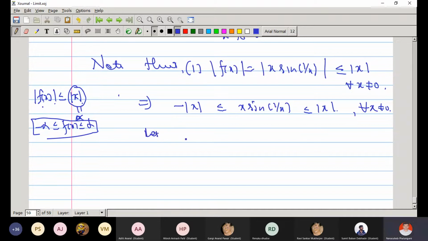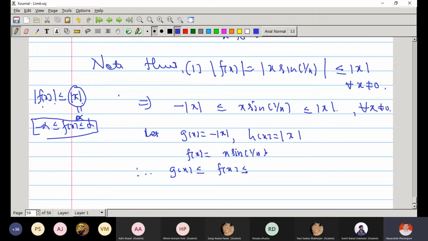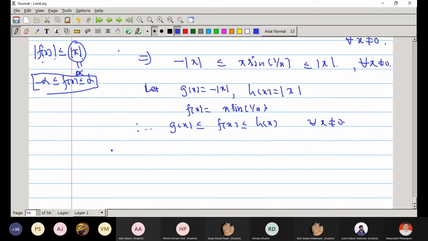Yes, sir. So let g(x) be equal to minus of this, h(x) equal to this, and f(x) equal to x sine 1 by x. Therefore, what is the situation? g(x) is less than or equal to f(x) is less than or equal to h(x) for all non-zero x. Our domain is non-zero x. Fine. So second point, what is the limit as x tends to 0 of g(x)?